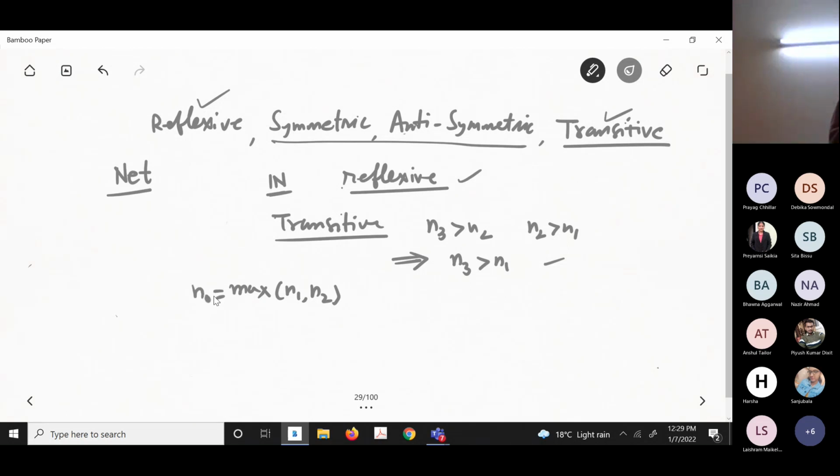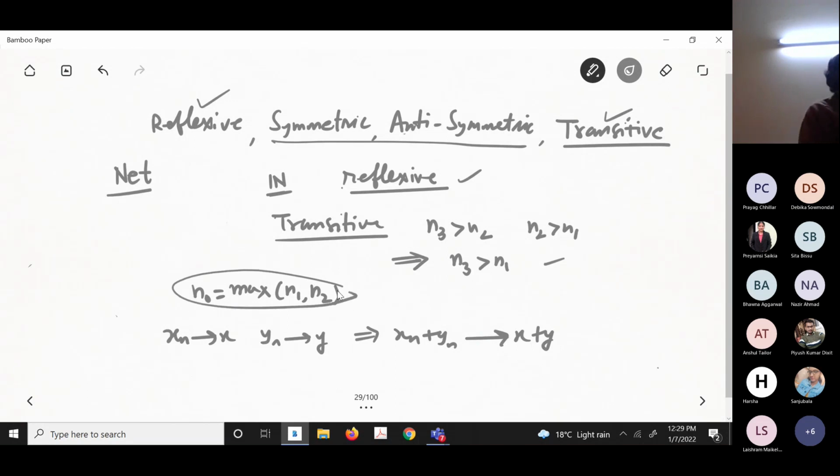And then, when xn goes to x in the reals, suppose, and yn goes to y, then you say xn plus yn goes to x plus y. If you need to prove it, actually you need this kind of thing, that n0, because ultimately here you will get n1, you will get n2, and then you will take the max, for that you will get this. Samajh gaya? Okay, so that you use it.